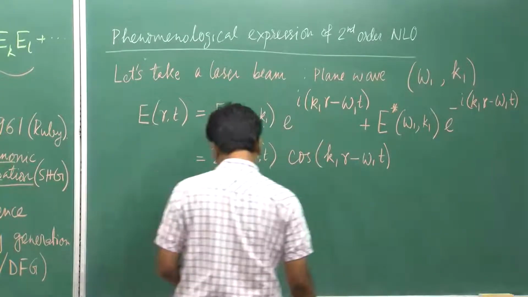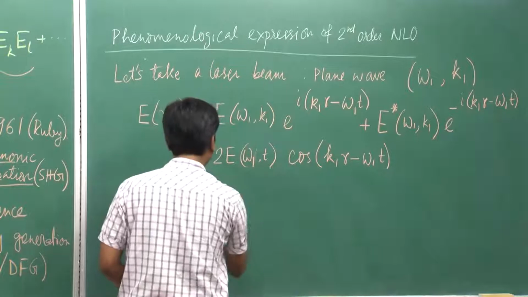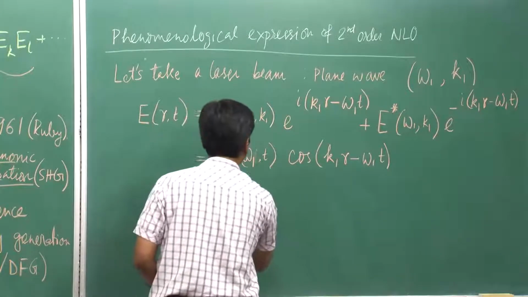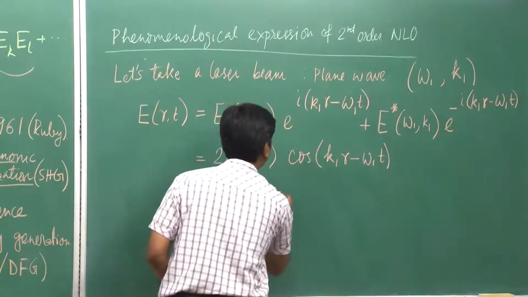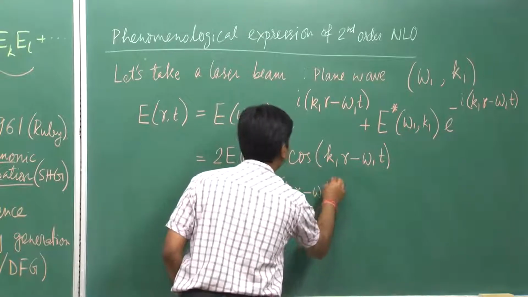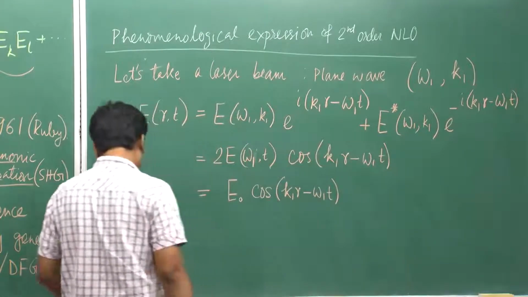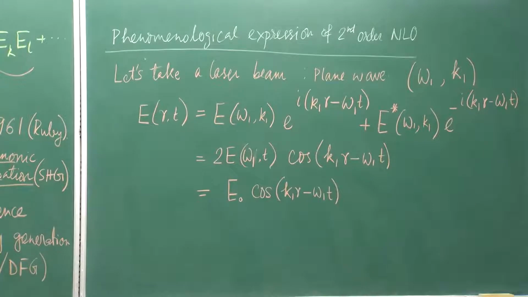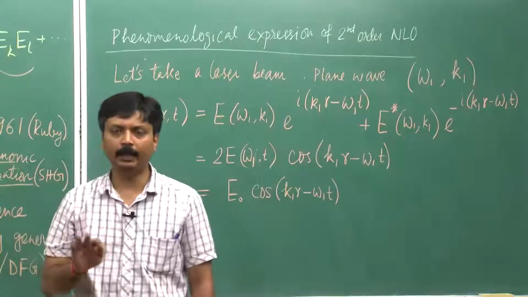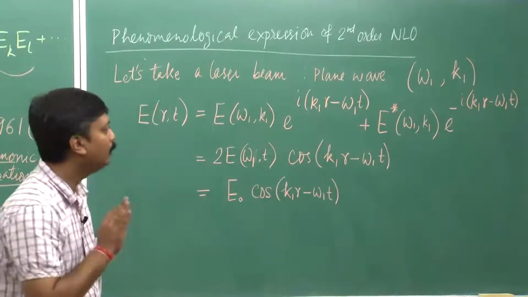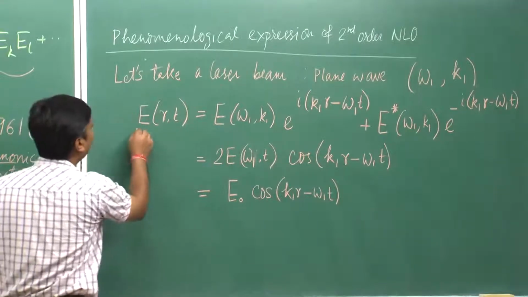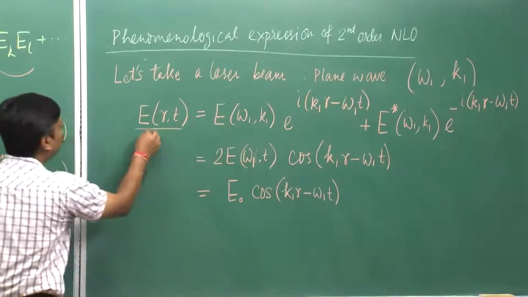And I can club this together and I can write in terms of a quantity E0 and the remaining, fine. So, this is the form of the electric field of our chosen laser light, which is characterized by frequency omega 1 and wave vector k1. Now, this particular field, what will it do?